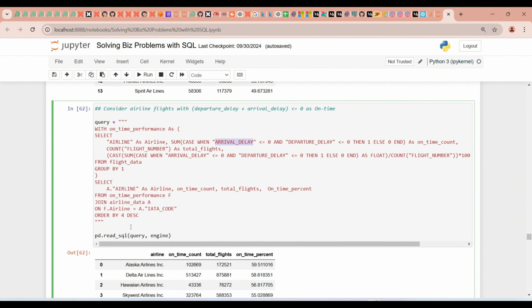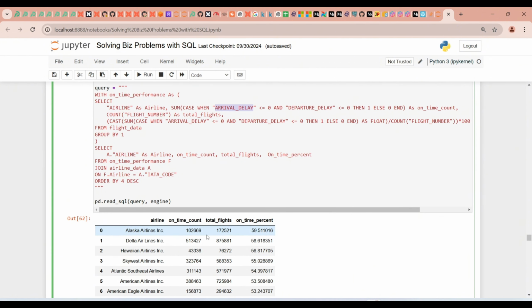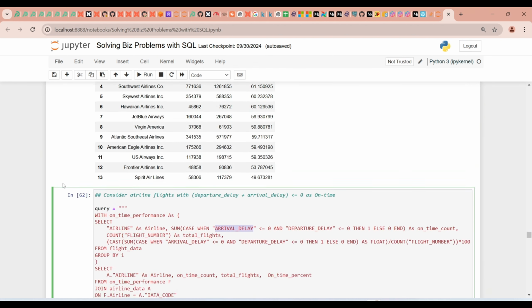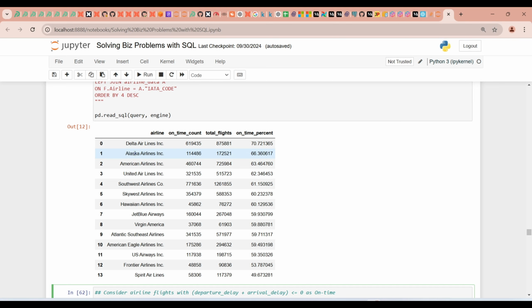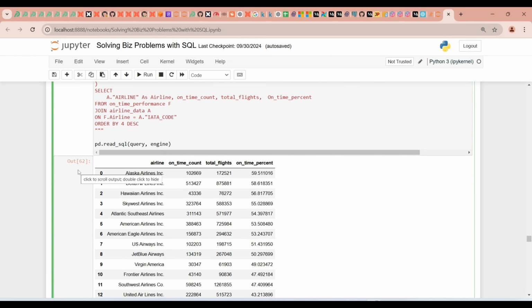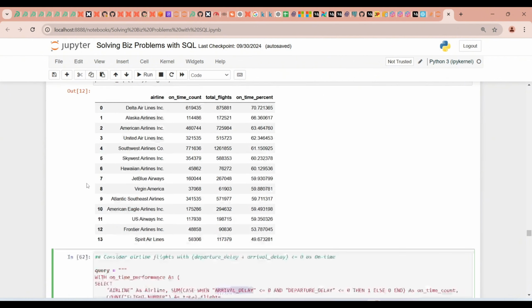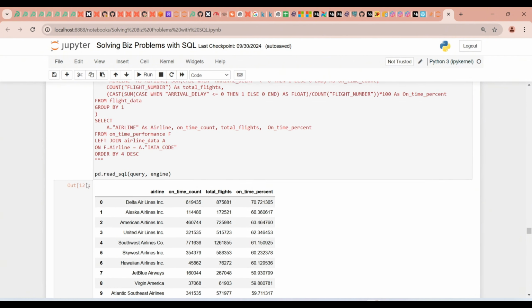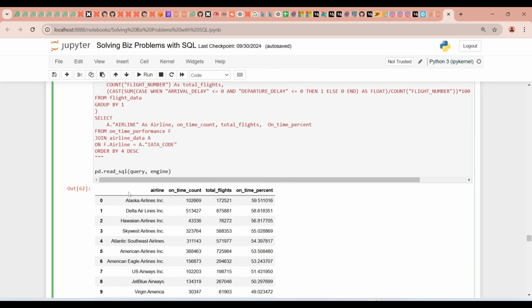So if we check the result here, we saw that Alaska Airlines is topping, but it was second here in terms of just considering arrival. But considering departure and arrival, Alaska is topping while Delta Airlines is second, but Delta Airlines was top as regards arrival that is on time, right?